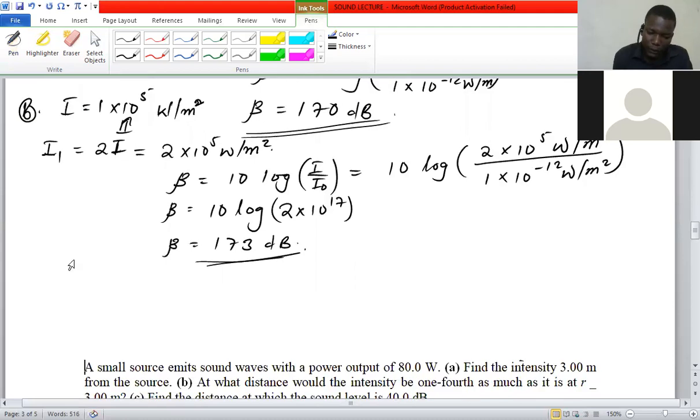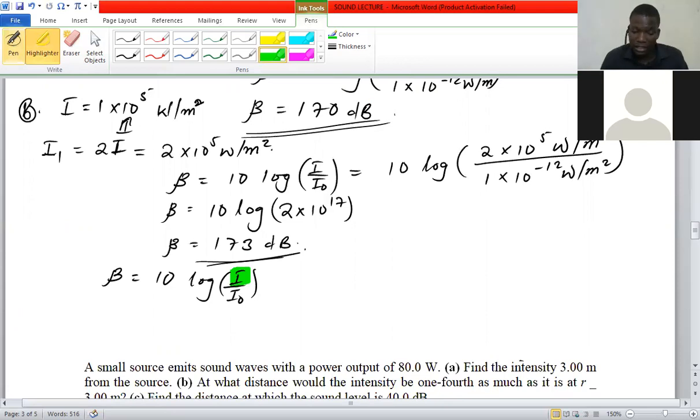We know the equation is the same: decibel level equals 10 log of intensity over the threshold of hearing. Now we are looking for the intensity, and we've been given the decibel level.